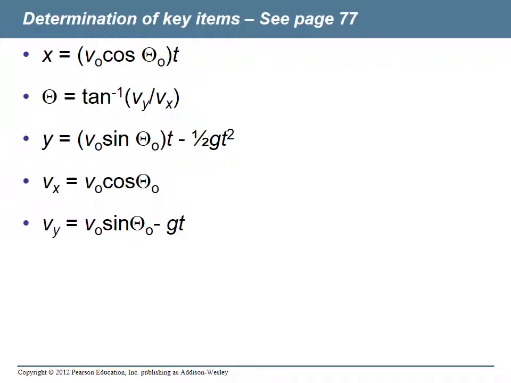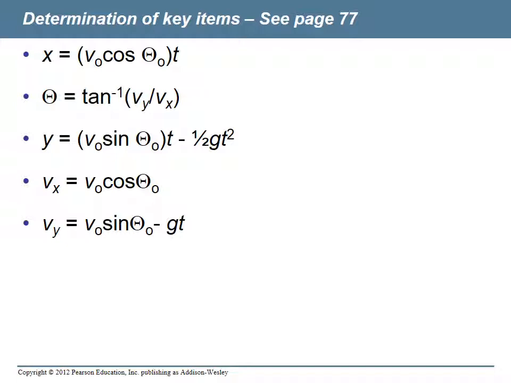Some of the key terms here are on page 77 in your book. This is just a summary of some of the key items that we've developed here. So x is equal to v naught cosine theta times time.